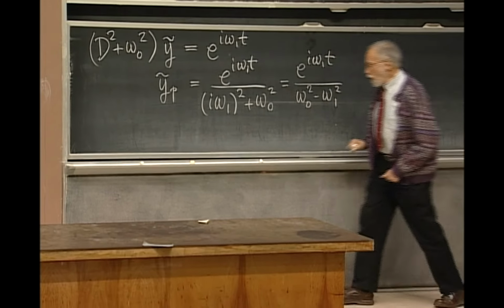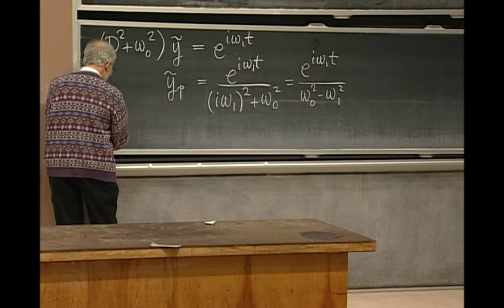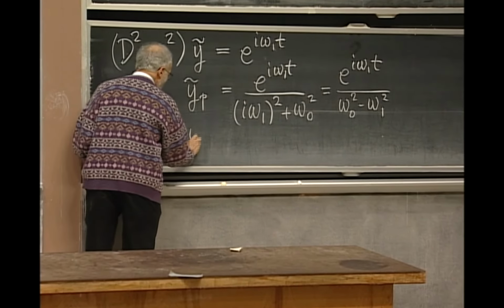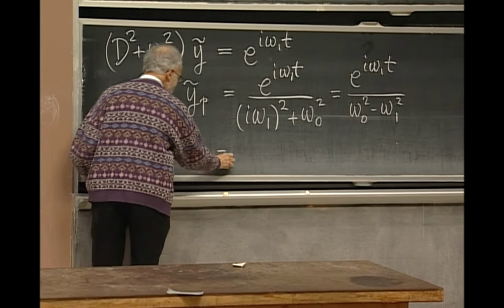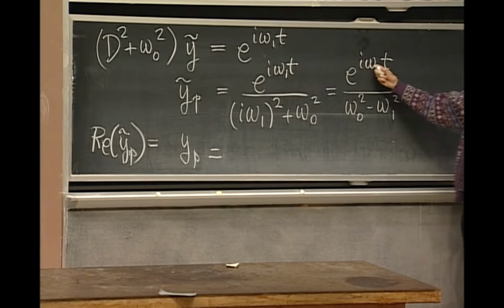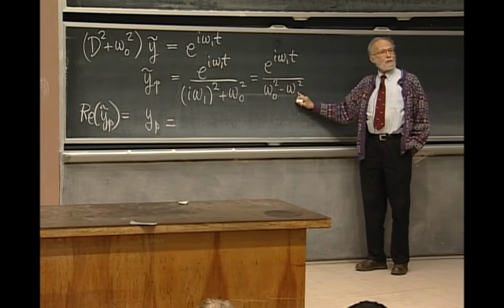But I want the real part of it, so as one final last step, the real part of that is what we call just the real particular solution, so y p without the tilde anymore. And the real part of this, well, this is cosine plus i sine, and the denominator luckily turns out to be real.